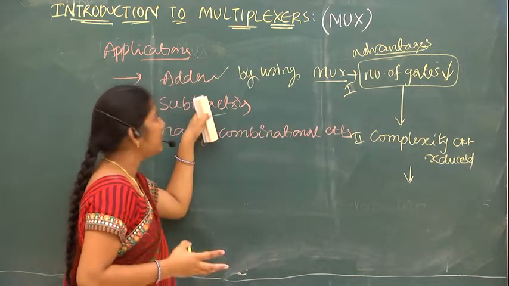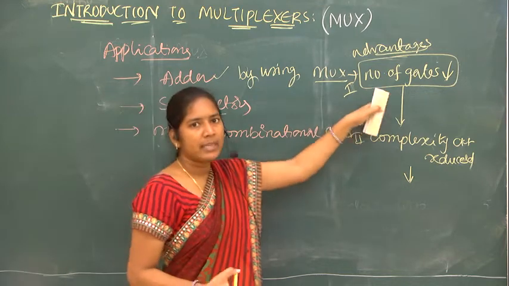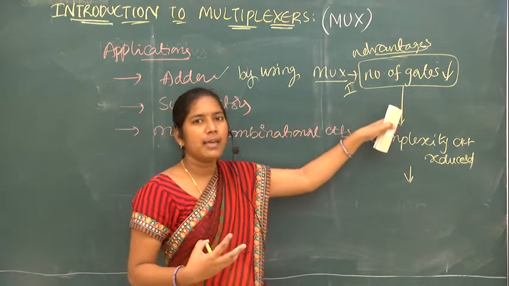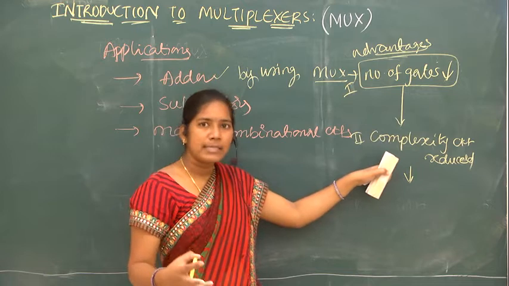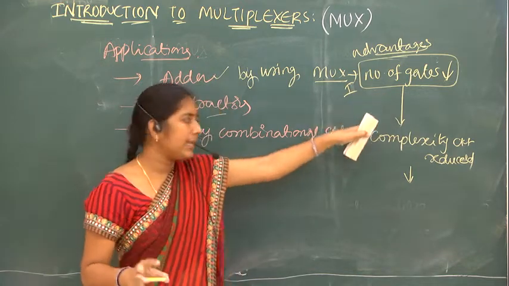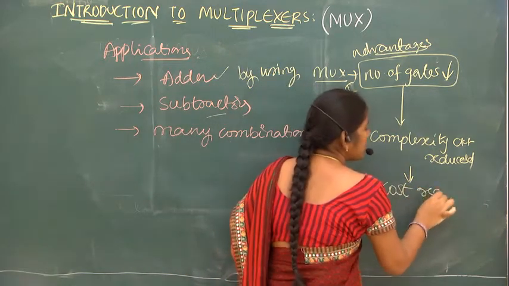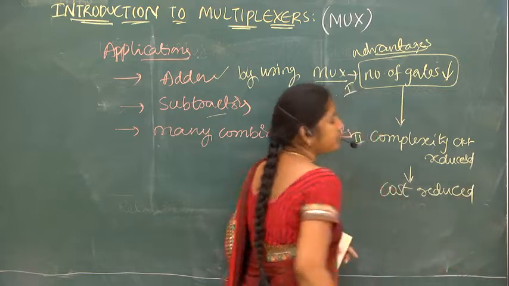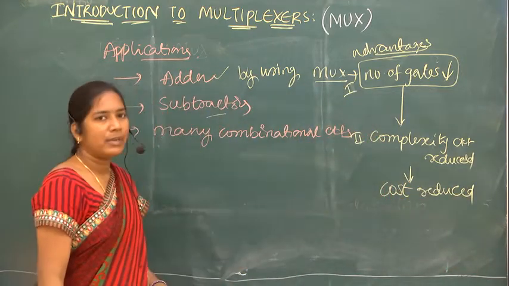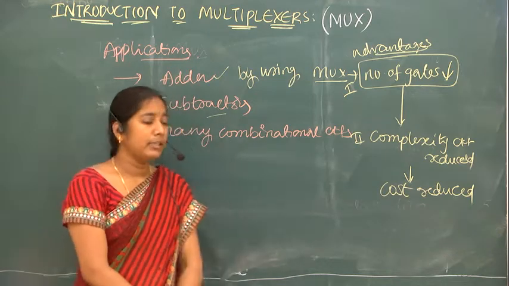By using mux for the implementation of an adder or any combinational circuit, gates will be reduced. When the gates are reduced, the complexity of the particular circuit is reduced. And the same thing, when the number of gates is reduced, cost is also reduced, right? These are some of the advantages of multiplexers.